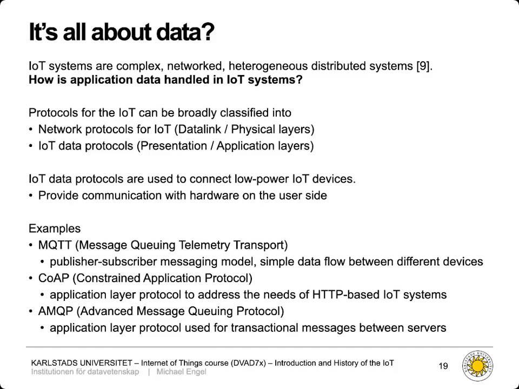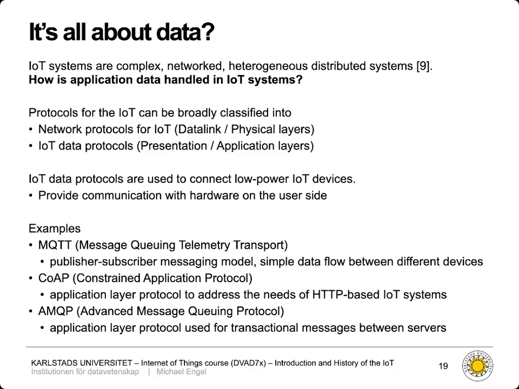So IoT data protocols are usually used to connect low-power IoT devices, so they provide communication with hardware on the user side. And on the data protocol side, we have things like MQTT, so the message queuing telemetry transport. So this is a publish-subscribe messaging model, which enables simple data flow between heterogeneous different devices.